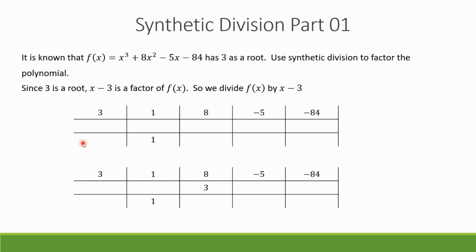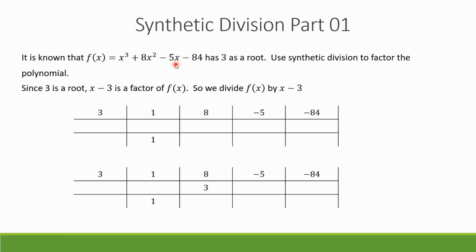So for synthetic division, 3 goes here. The coefficients of the polynomial, we list those: 1, 8, minus 5, minus 84. Any missing intermediate terms, you would put a 0 in as a placeholder.